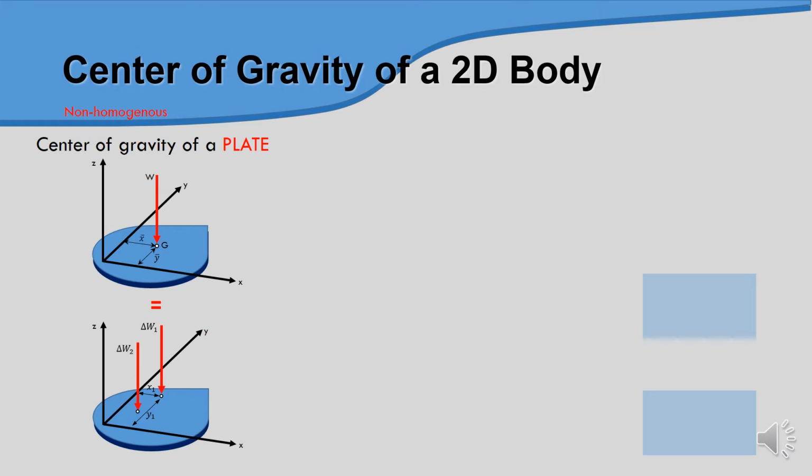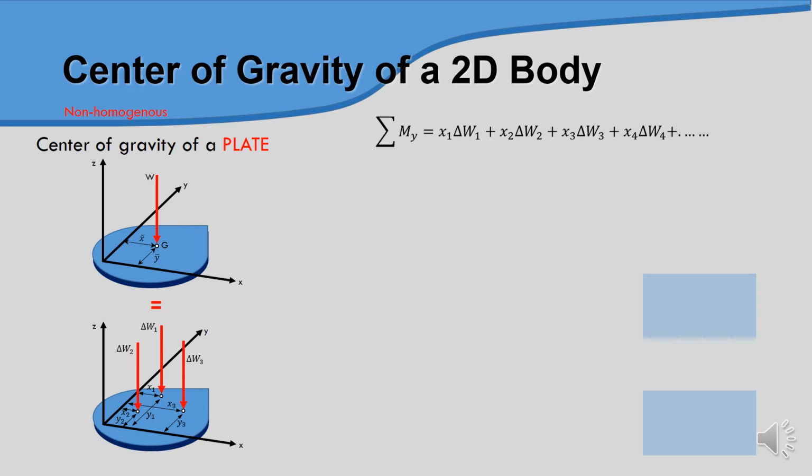It also happens at all the other points, where the weight force acts with the value delta W2 at position x2 and y2, and at other points where we can see the coordinates of position x3 and y3.